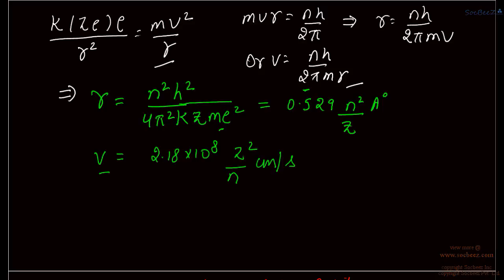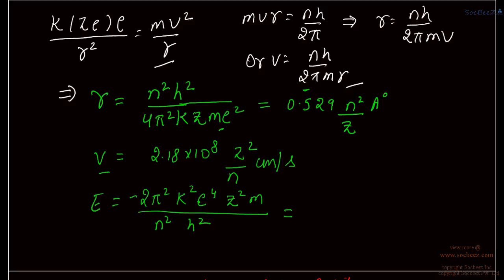The value of v came out to be 2.18 × 10^8 Z²/n centimeter per second. And the value of total energy came out to be −2π²k²e⁴Z²m/n²h².